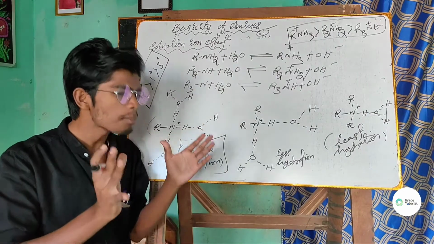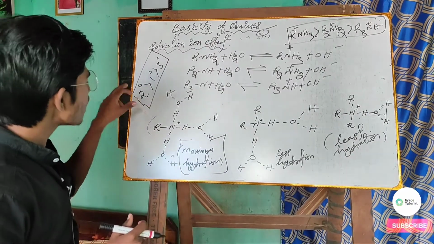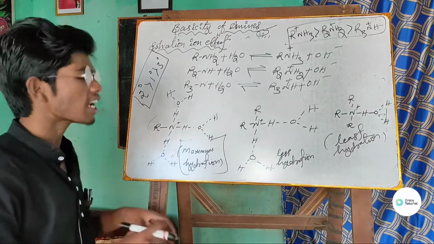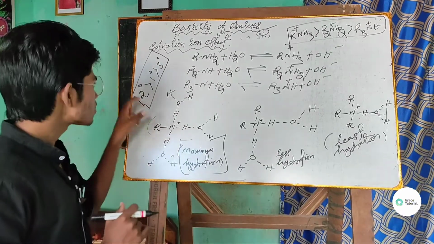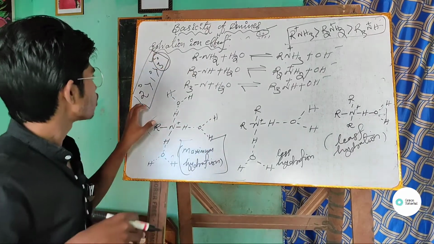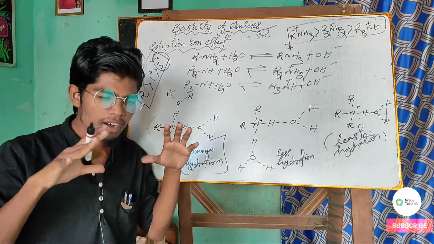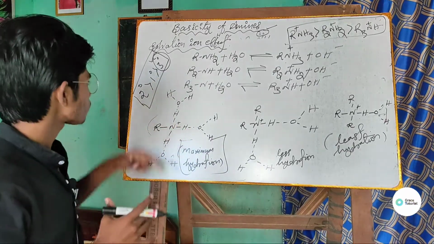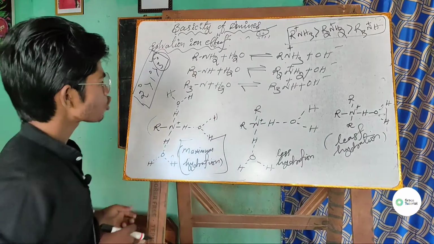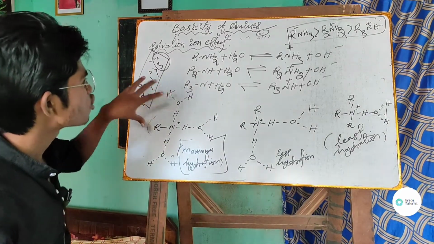And from all these combined effects, it has been observed that the secondary amine is the strongest one. That means that is the strongest base. Similarly, the tertiary is the least, or the lowest base. So this is what we need to understand from the basicity of amines.